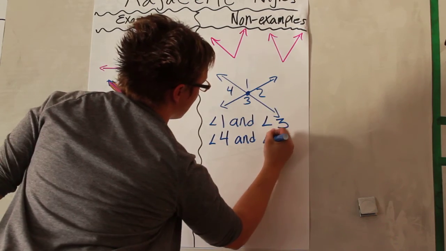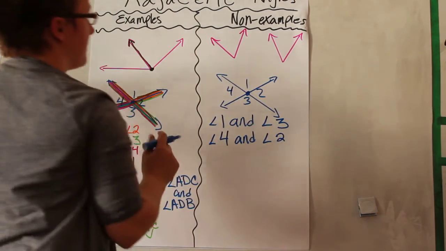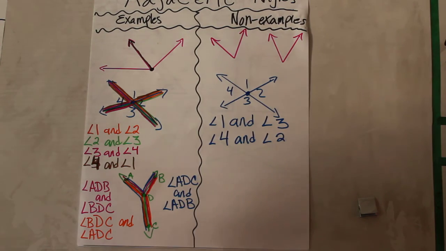Angle 4 and angle 2, angle 1 and angle 3. Those ones are the ones that are straight across from each other and are not adjacent.